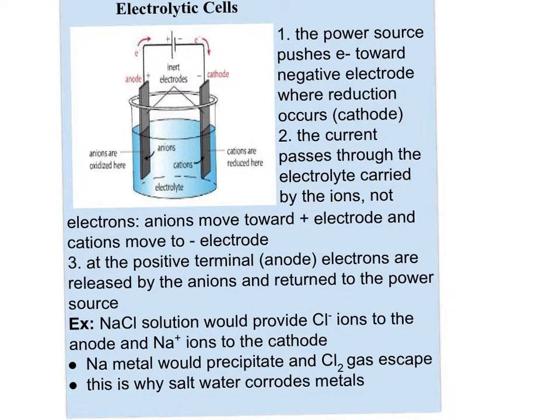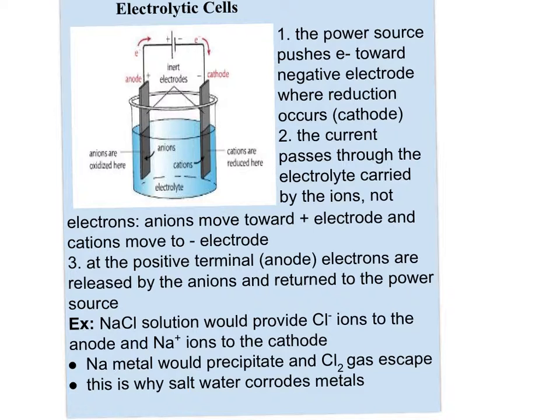And then the electrolyte has ions in it, and some ions aren't participating, but the anions, the negative ions such as maybe chlorine, are going to be drawn over to the positive end, and they're going to be oxidized at the anode.